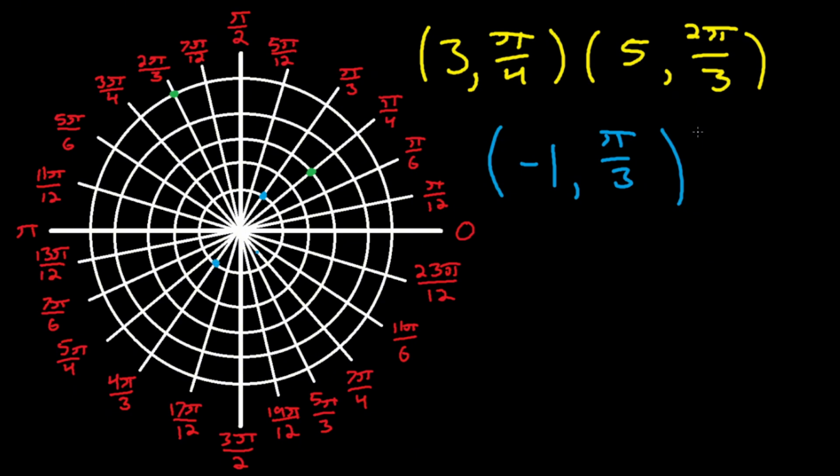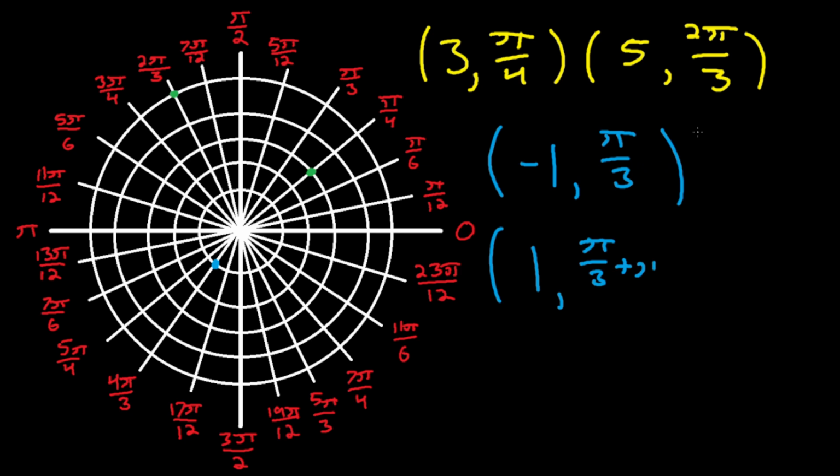I know the lines can be a little confusing in the center, but this one right here is negative 1, pi over 3. Well, what do we do? Well, all we had to do if we have a negative is either we flip the side, or what we can actually do is turn the radius positive and just add plus pi onto the angle.